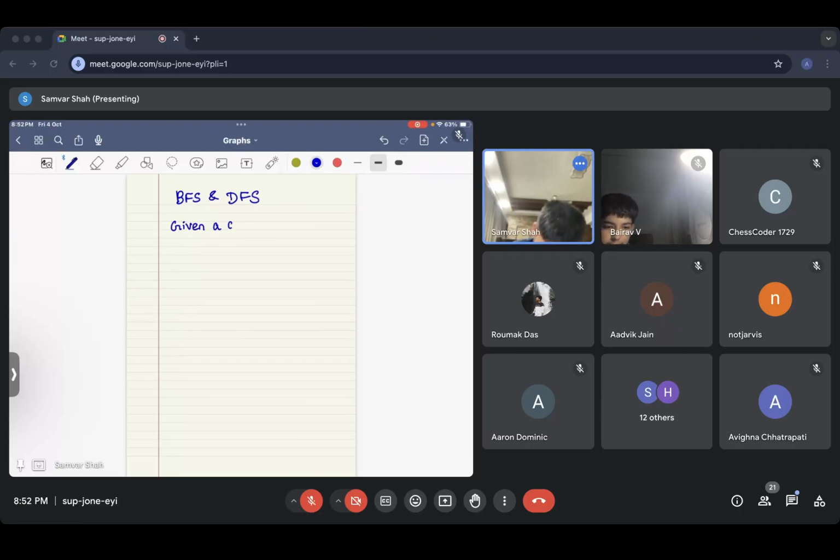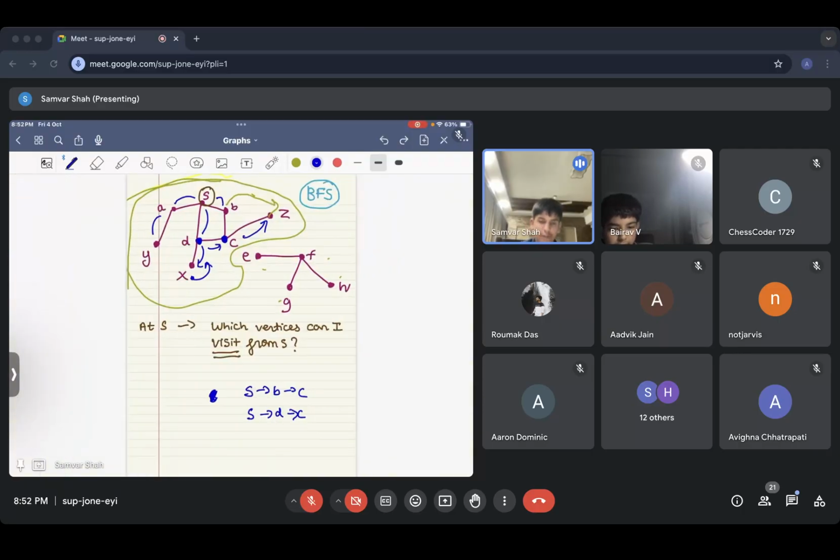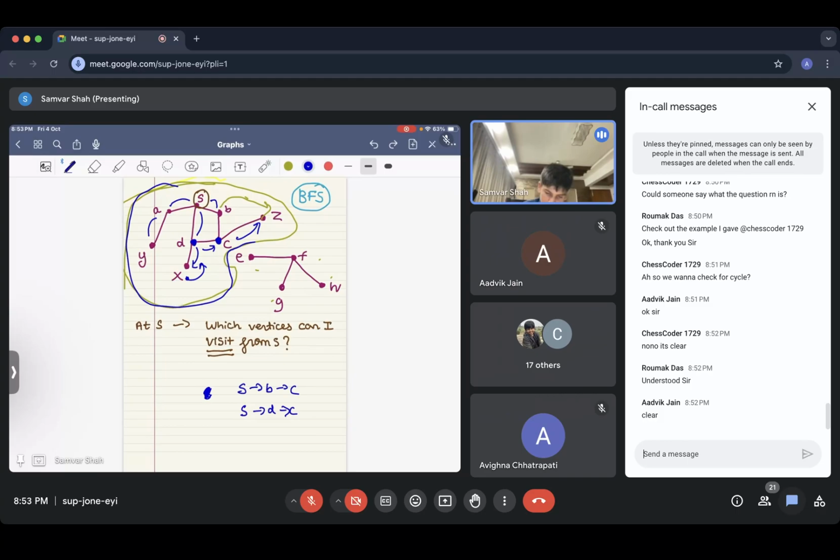So given a graph G, I'm not going to write the question, I'm going to write it in a different way. Do you remember the very first graph on which we did BFS, this graph? When we did BFS on this graph, we got a tree-like structure which covered all of these edges.